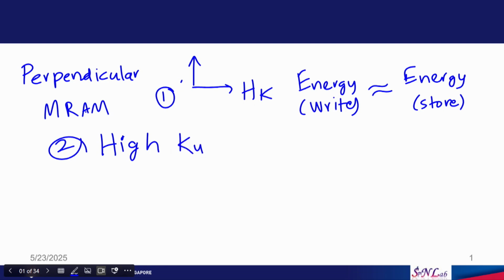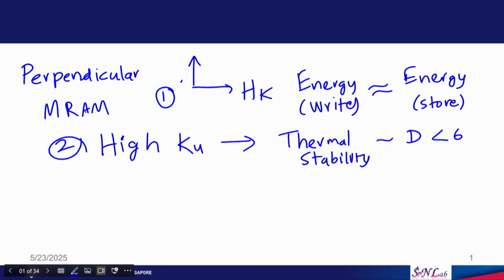Because of high anisotropy material, you can achieve high thermal stability, and because of that, you can potentially make MRAMs smaller than 60 nanometer. So because of these two reasons, people started looking at various perpendicular MRAM materials.